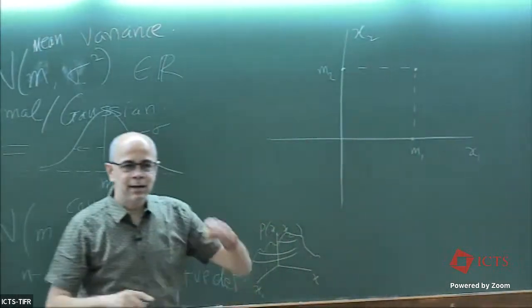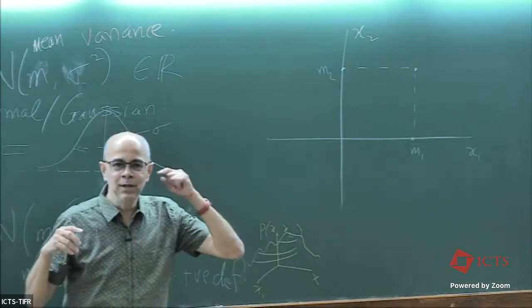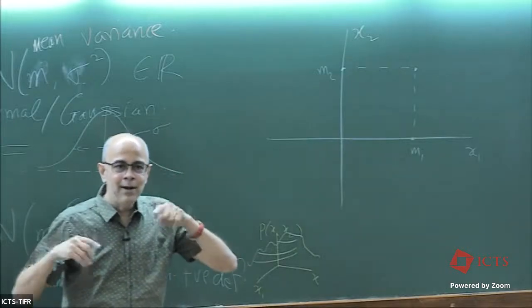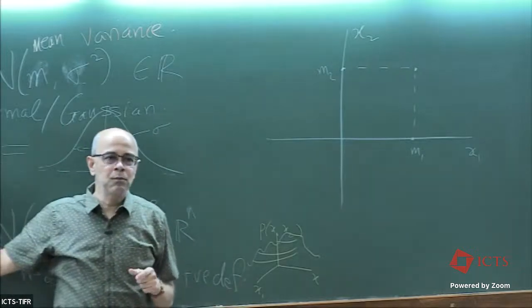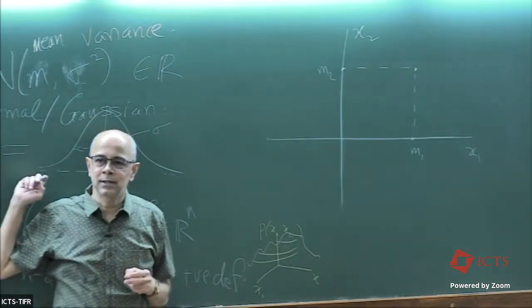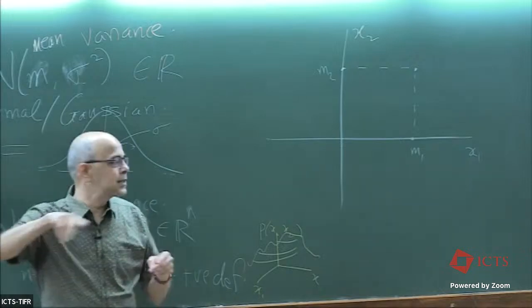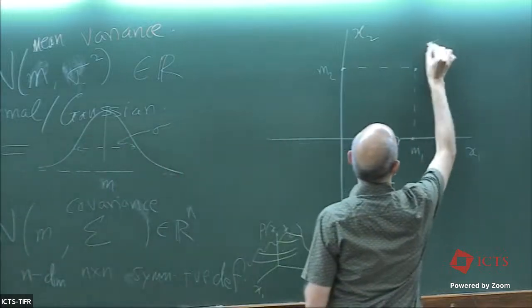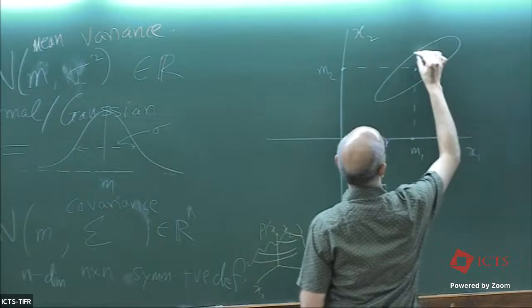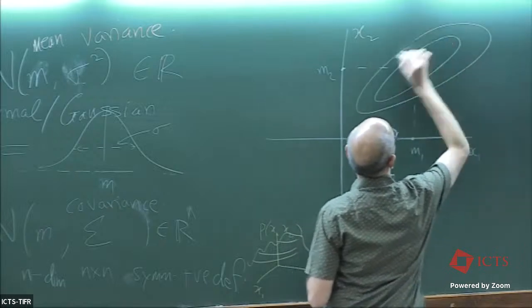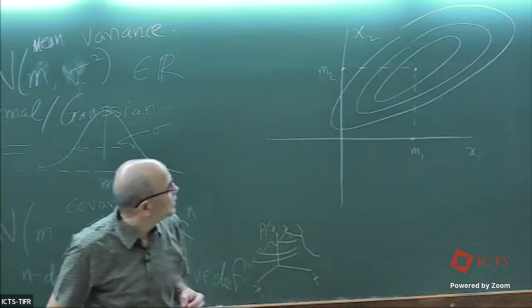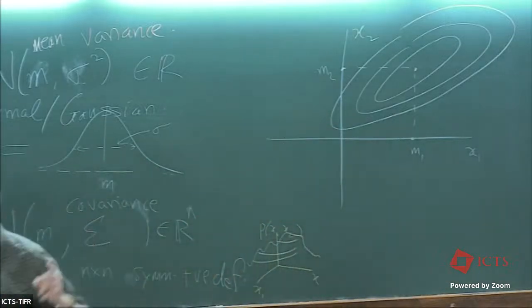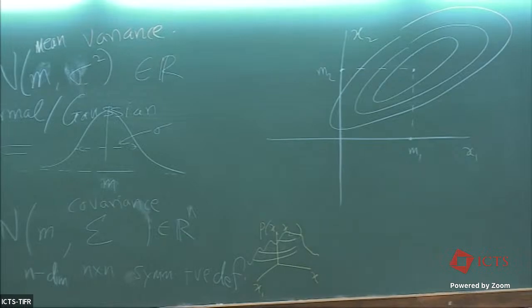The peak will be at the mean m, and the contours of constant probability density p of x are ellipses. So these should be ellipses, but this time they don't look exactly like ellipses.